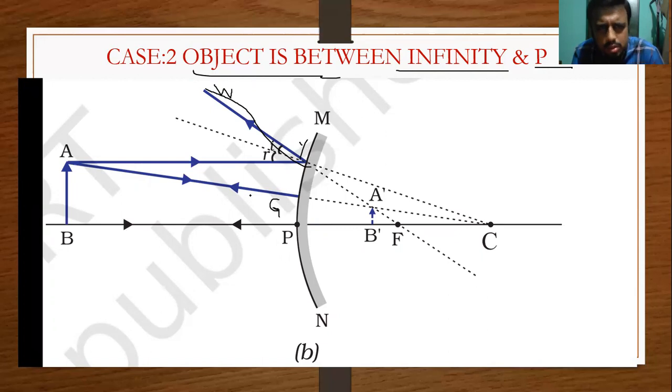As you can see, here also the angle is increasing. So here we have to consider the dotted backline.